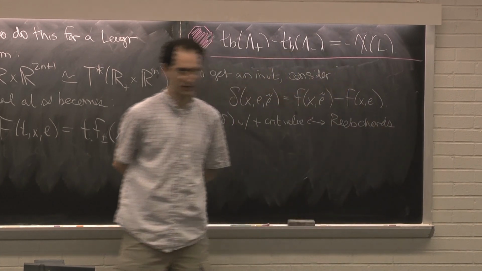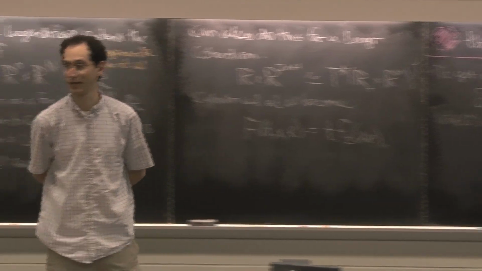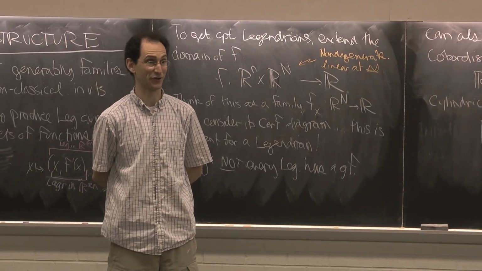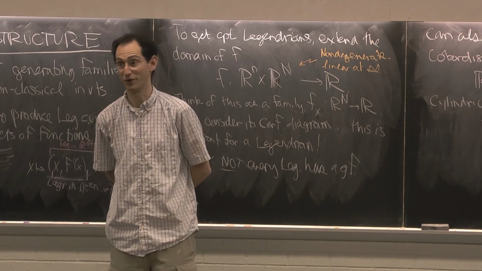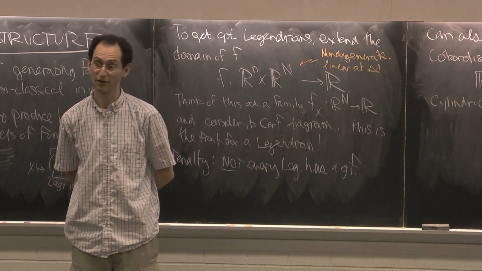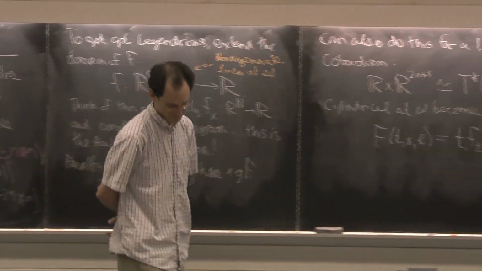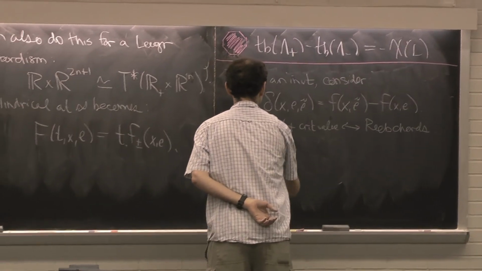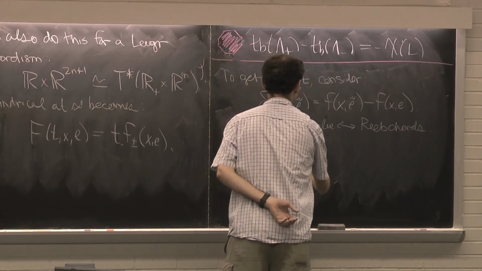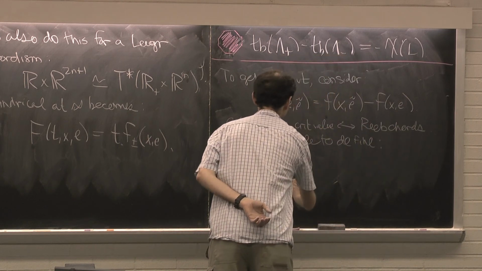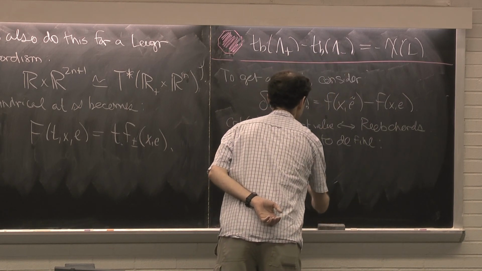And for you contact homology, Floer theoretic people out there, you think, ah, this is good. This is how you start creating some kind of Floer theory. You want to think about what I'm about to do as some kind of finite dimensional approximation of some Floer theory. Okay. All right. So let's just define the generating family cohomology.